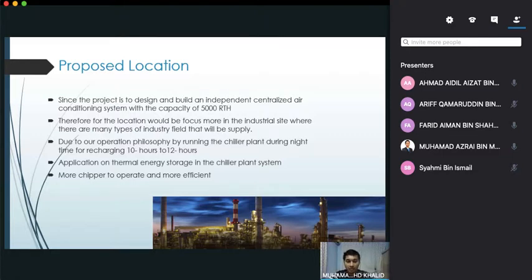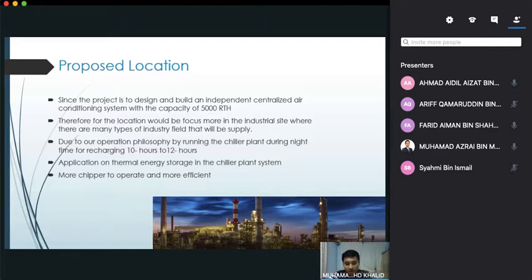Our chiller operation philosophy is that it will run and be recharged during the night time, between 10 hours to 12 hours. And the product of the chiller will be stored in the thermal energy storage, as stated by Shami just now.